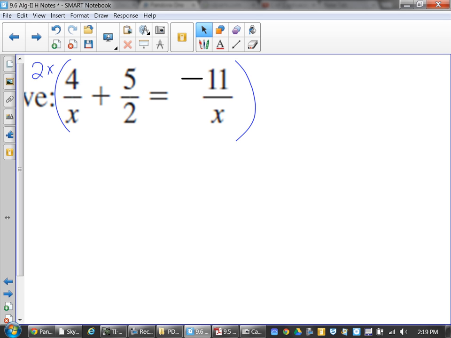First fraction has an x in the denominator, so do I need to worry about multiplying it by an x? No, all I have to do is multiply it by the 2. Second fraction has the 2 already, but it needs the x, so it's 5x. Last fraction has the x already, it needs the 2.